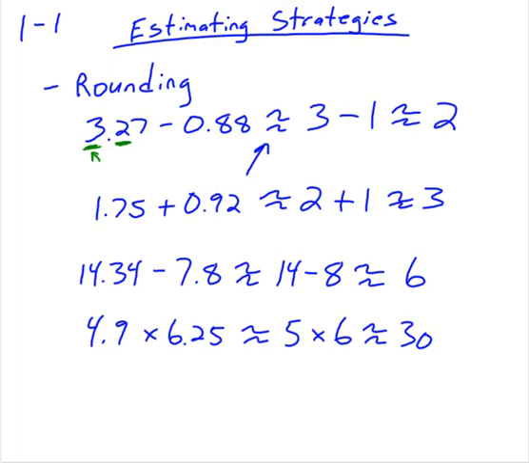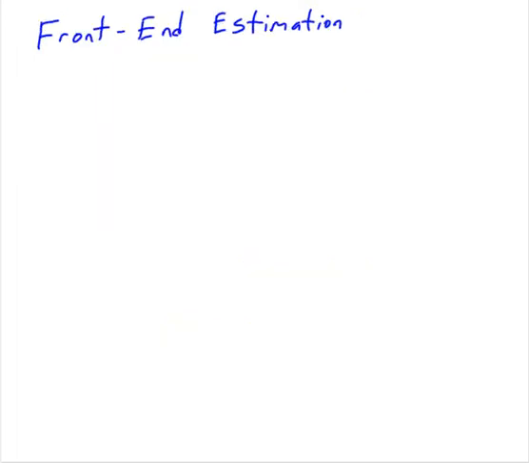The second type of estimation strategy is called front-end estimation. We use this often when we are adding or subtracting decimals. So let's give you an example of that. Let's say we got some money and we're buying things.